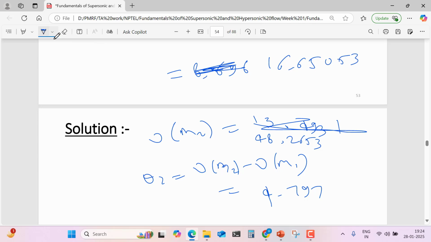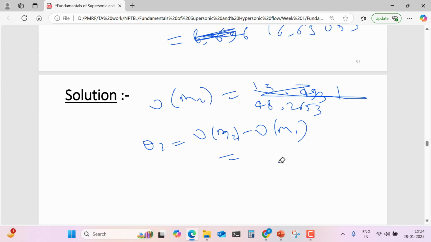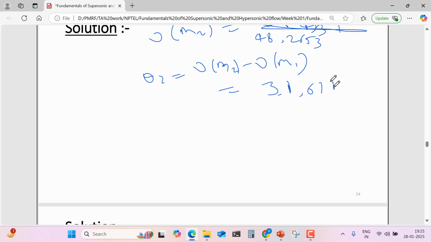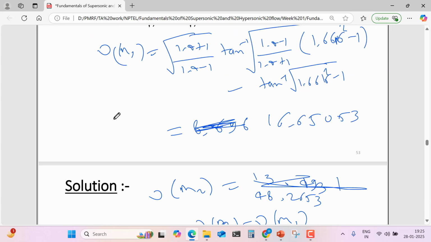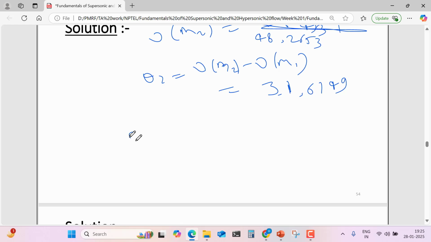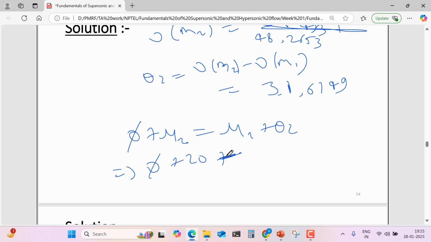So this difference will come 31.6149. So now we see this relation, phi plus mu2 equal to mu1 plus theta 2. Mu2 was 20, mu1 was 37 and theta 2 was 31.6149. So we will get phi equal to 48.6149.